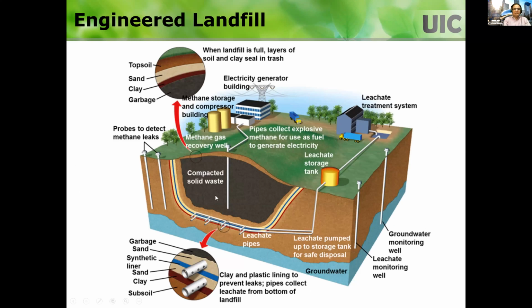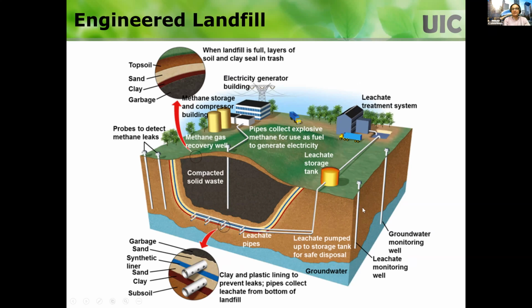Not only do you have a bottom liner, side liner, and leachate collection system, but you have to have leachate treatment, okay? Then you have to have a gas collection system. The waste is going to degrade because of the organics, so you need a gas collection system. You also have to have groundwater monitoring wells so that nothing is leaking.